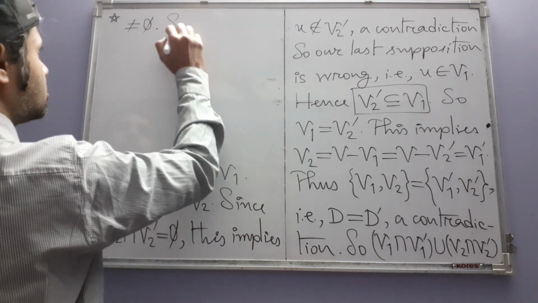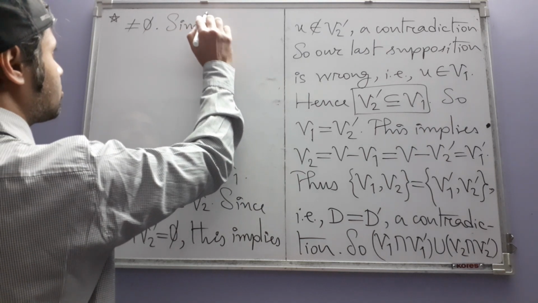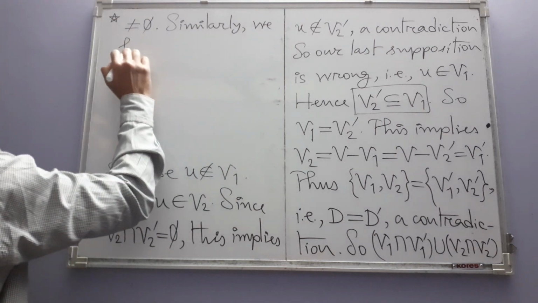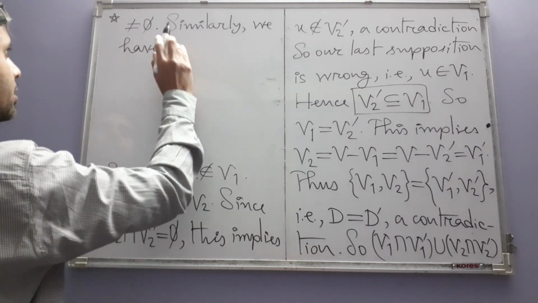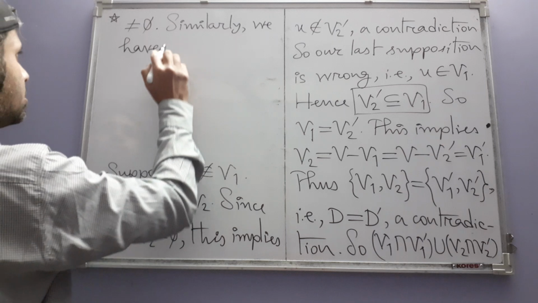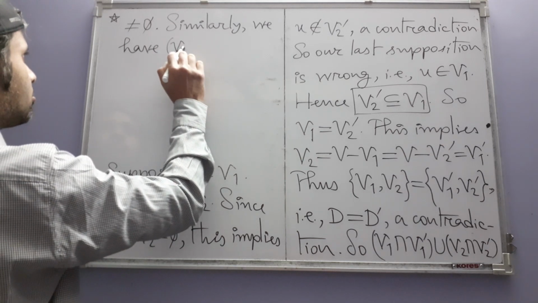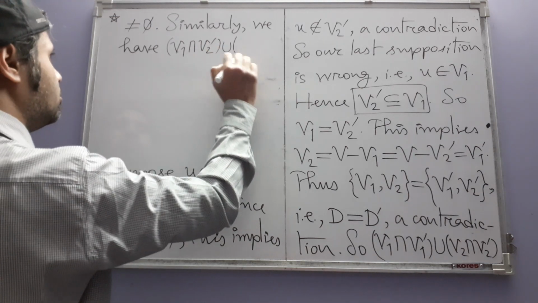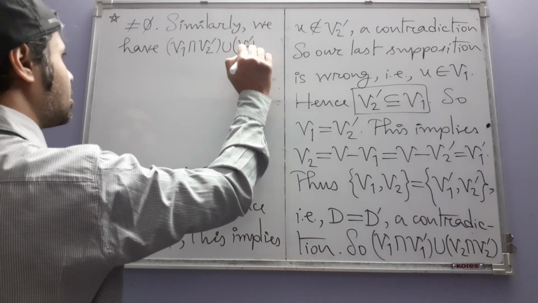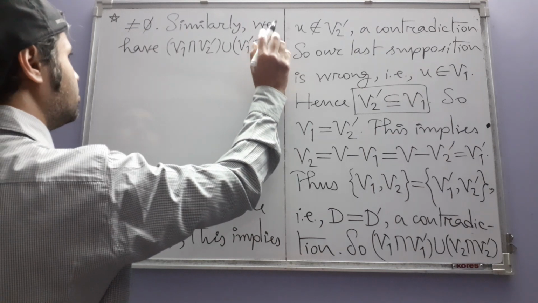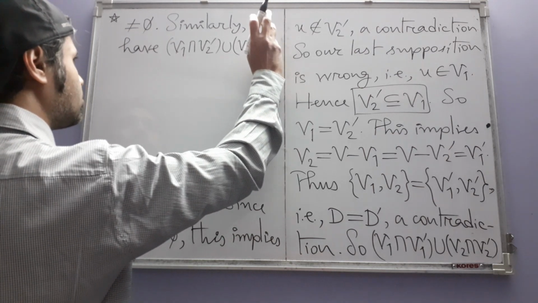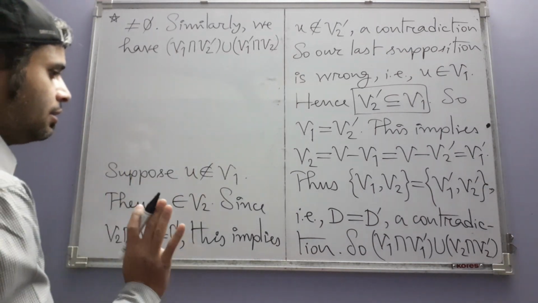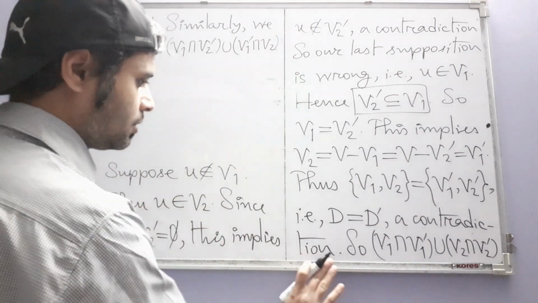Okay. Now similarly, one can prove that the other set, which is V1 intersection V2 prime union V1 prime intersection V2, let me again see if I have written it correctly.